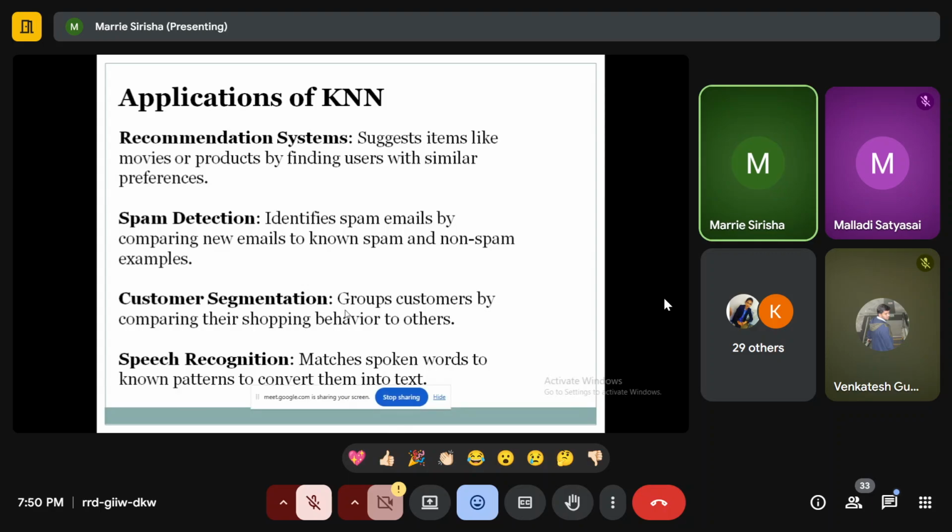And in spam detection, how? Like identifying spam emails by comparing new mails to known spam and non-spam examples.